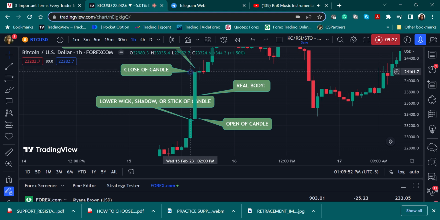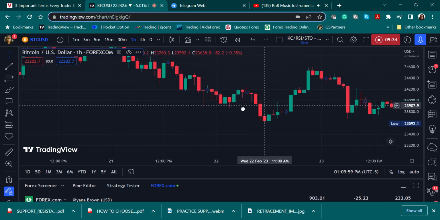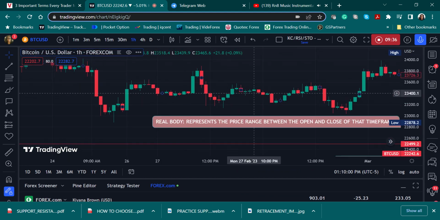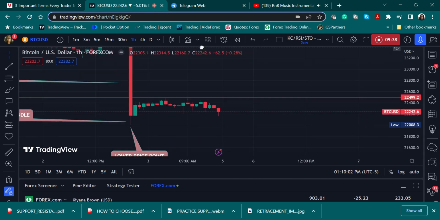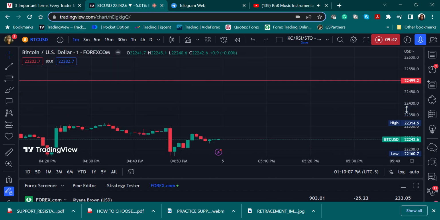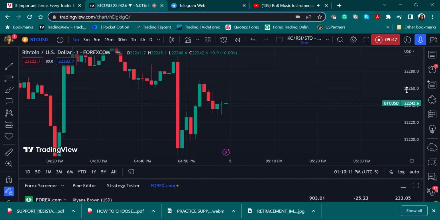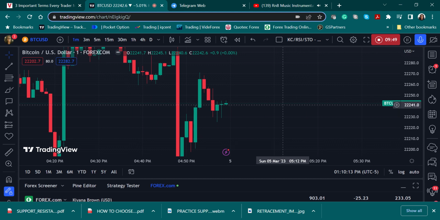pull back, and close. Let's see if we can find a candle opening now. Let me see if I can go to the 1 minute time frame and watch it open up again. As we can see, we're watching a candle open as a bullish candle here. We have a little wick and then open, and we're on the 1 minute time frame.